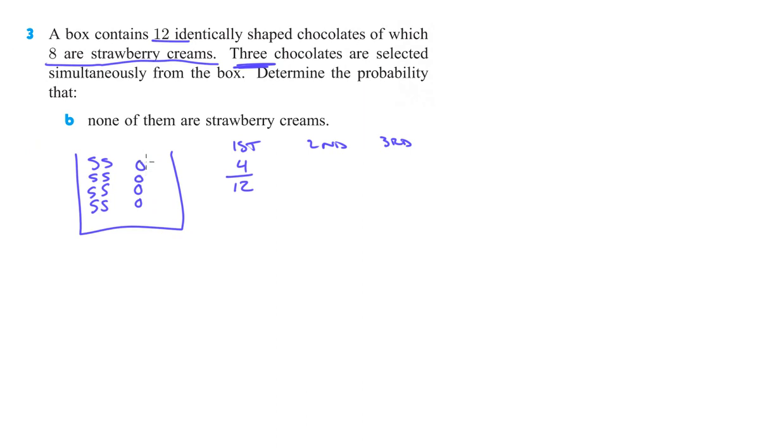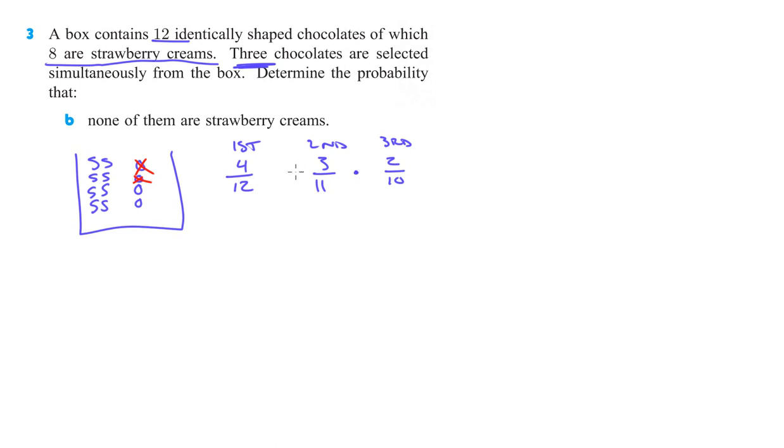Now, we've taken one of those out, so that means the second draw, there are still 3 out of 11 of them that are not going to be strawberry creams. And then we take another one of those out for the last draw, and now we're down to 2 out of 10.